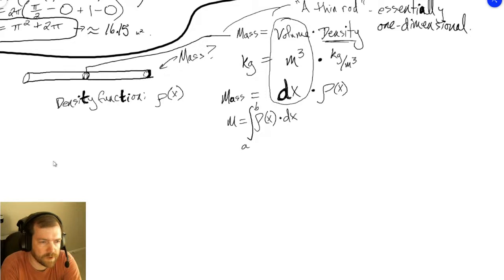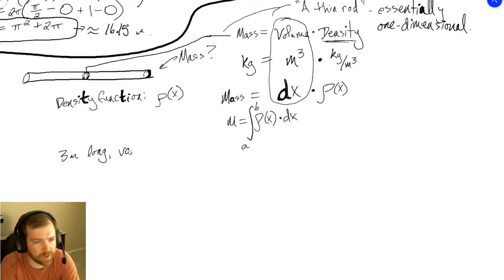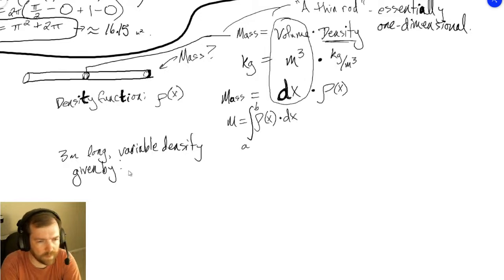So if we had something that was, let's say, 3 meters long and variable density, given by the density function rho of x equal to, let's do x sin x.